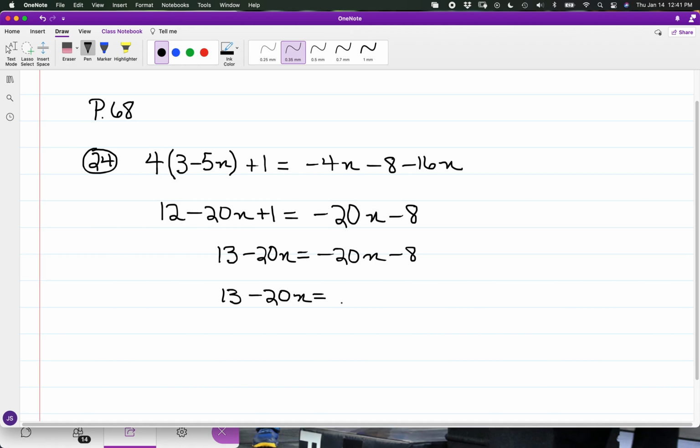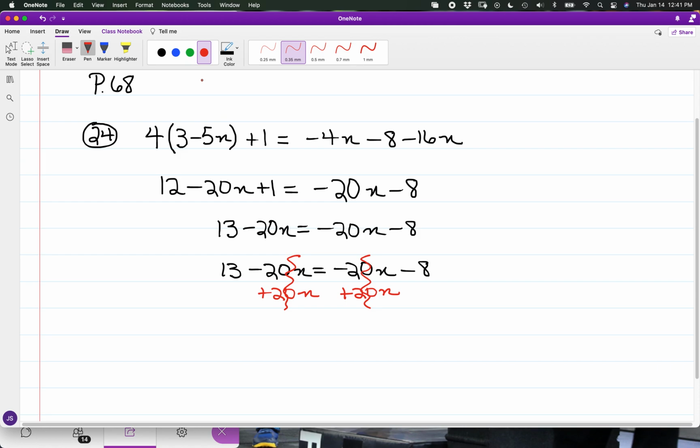If we combine these together, in combining the variable terms, which will occur by adding 20n to both sides, the n terms will completely cancel. And so we're down to two numbers that are said to equal each other when in fact they will not.